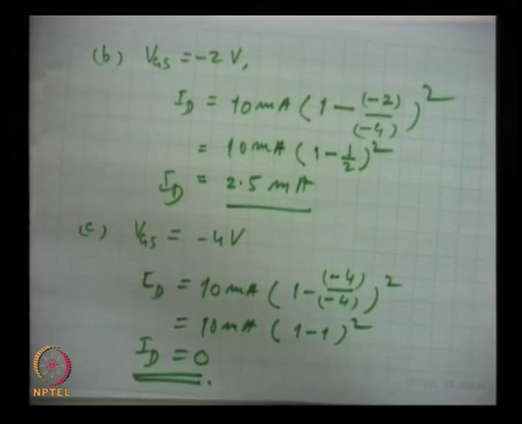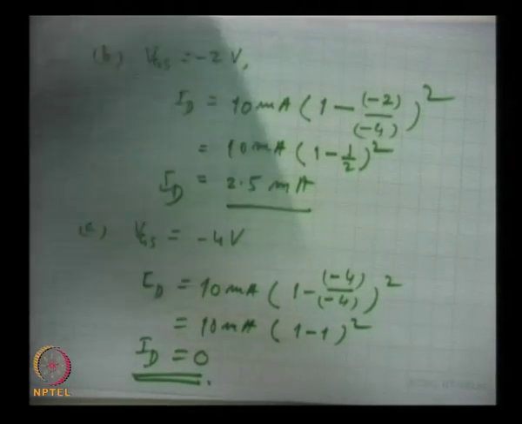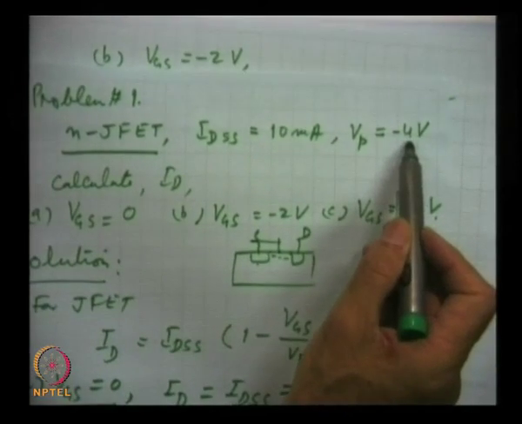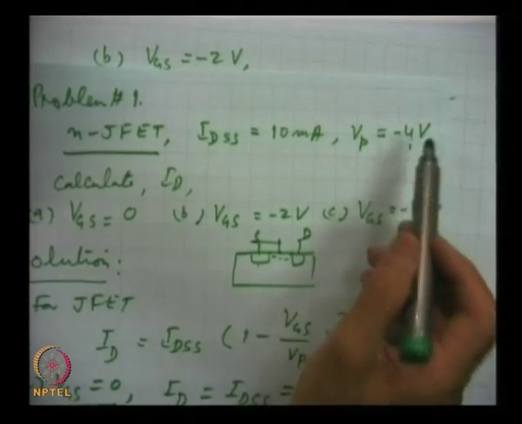This is also understood, because for the device the pinch off voltage was 4, and this is where the current reduces to 0.